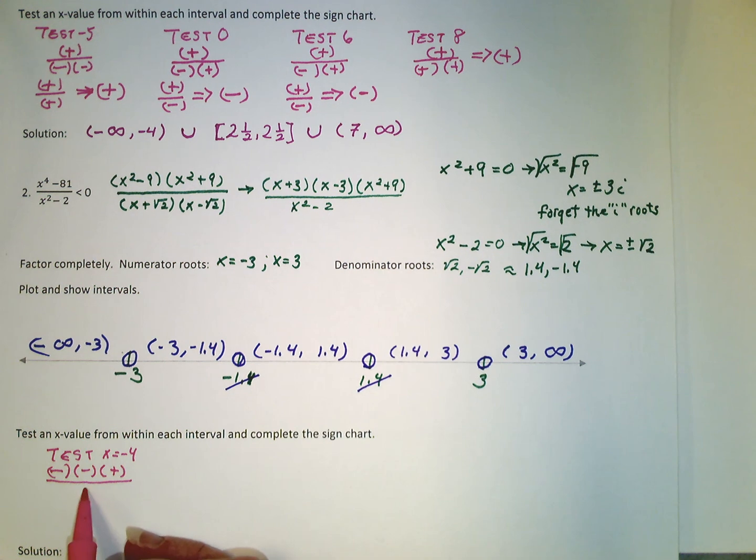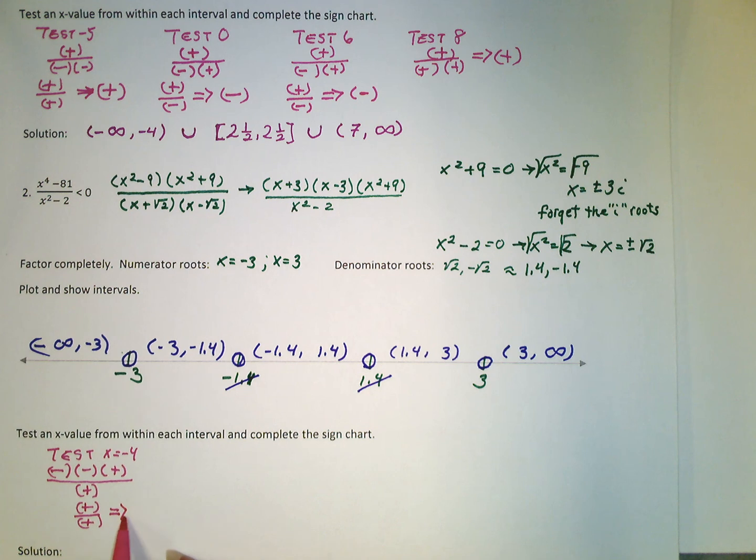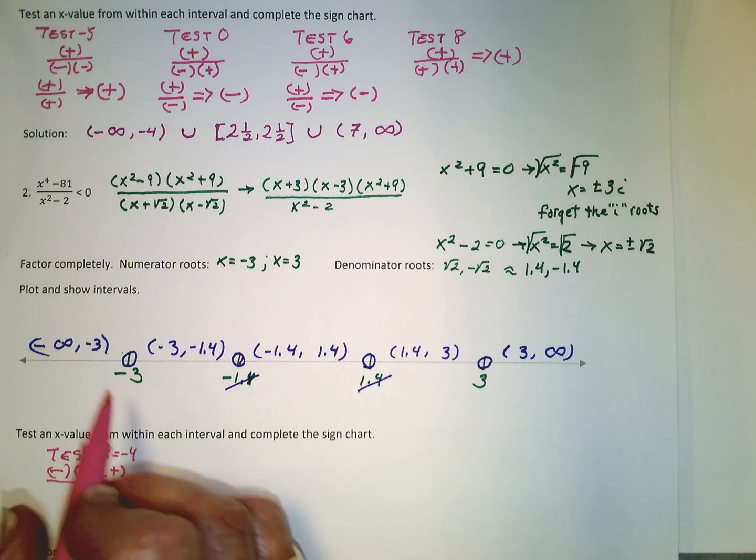Minus 2 makes the denominator a positive. So I have a negative times a negative, which is positive, times another positive. We have a positive numerator, positive denominator. That tells us that this is going to give us a positive answer for the whole fraction.